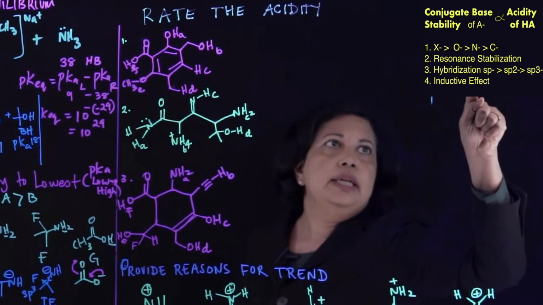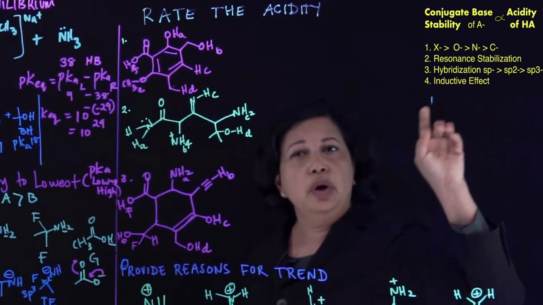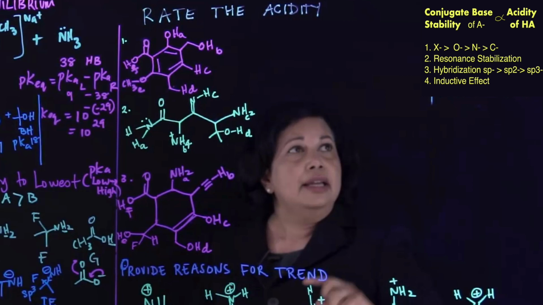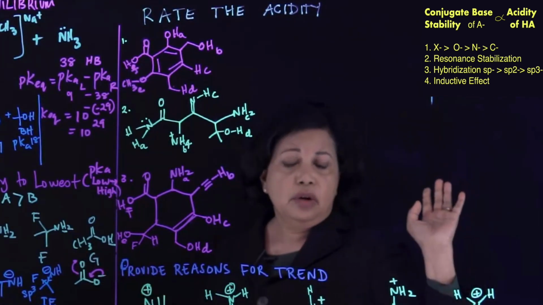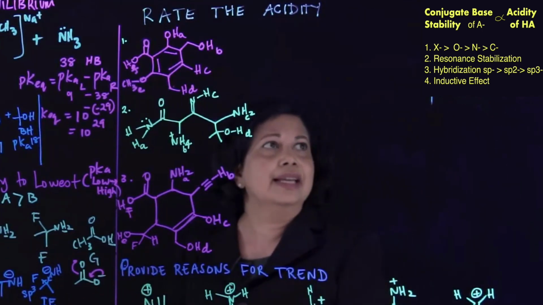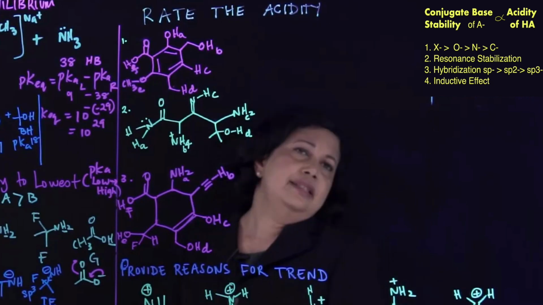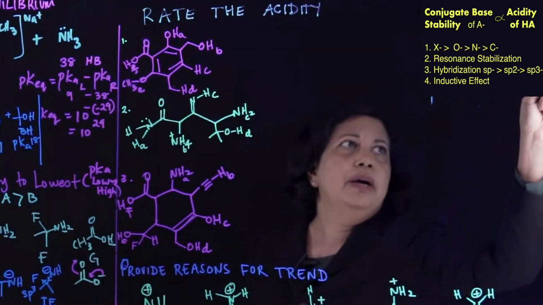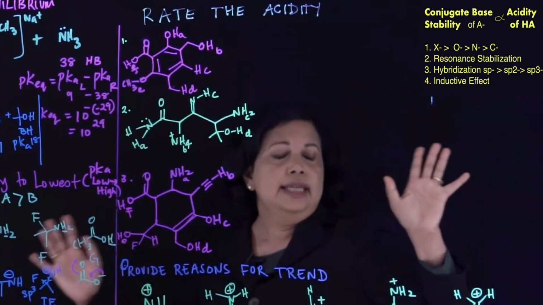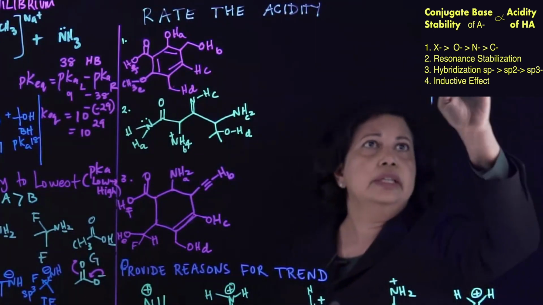The difference between the sp and the sp2 is like 25 and 44, almost like a 20 difference. Resonance sometimes can also be very, very large in pKa differences. But between the sp2 and the sp3, it's about 44 to about 50 or 60, so that's about 6 or 7. So you cannot say this is going to be a much bigger effect than resonance.